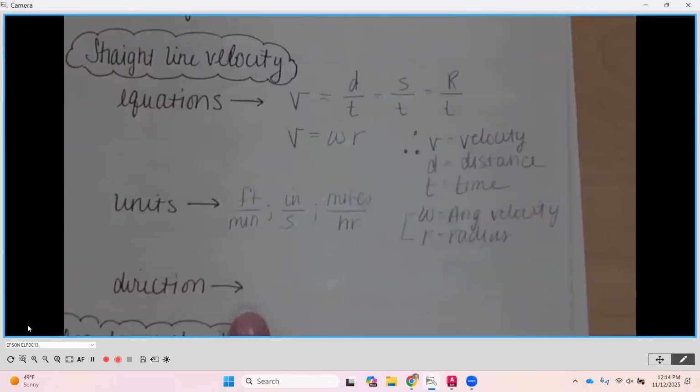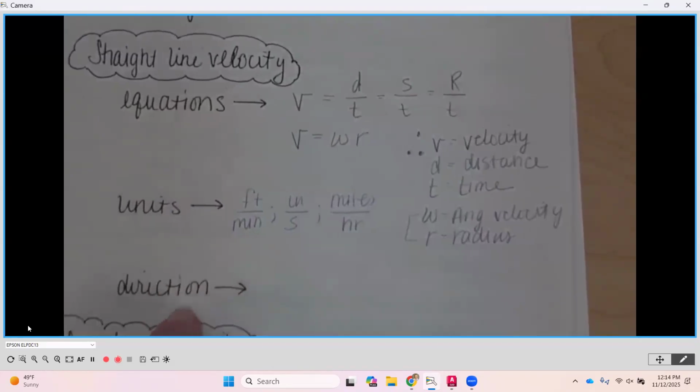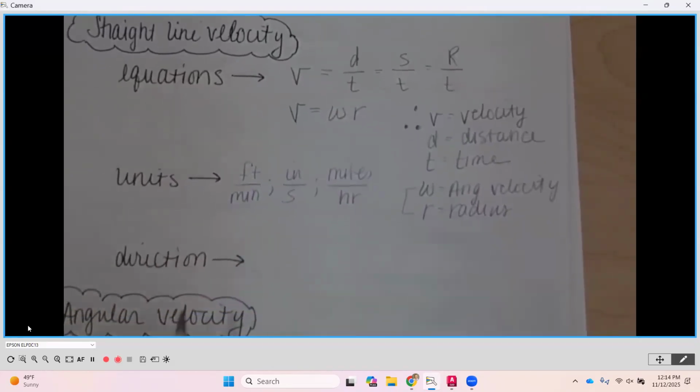Now, direction to fully define, because we know that straight line velocity V is a vector quantity. So we have to have both magnitude that we're going to calculate using an equation, and then we need to determine what its direction is going to be.